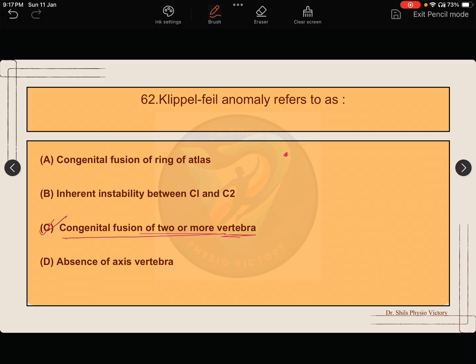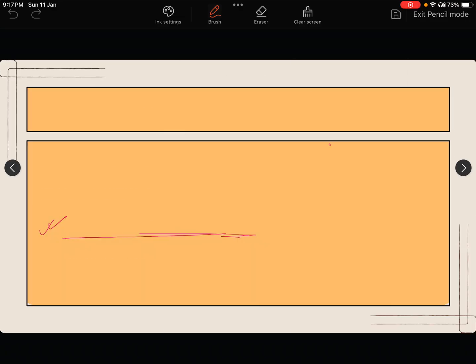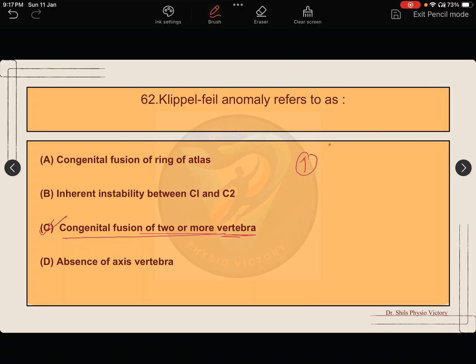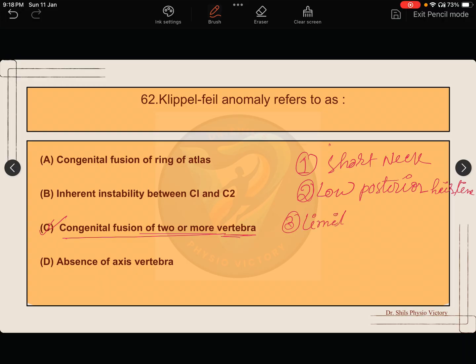The classic features are three: one, short neck; two, low posterior hairline; three, limited neck movement, especially rotation and lateral flexion.